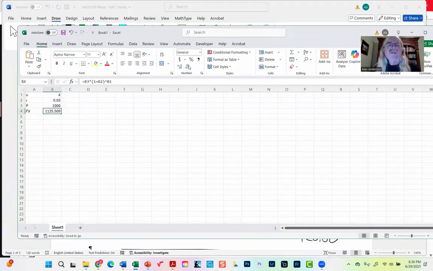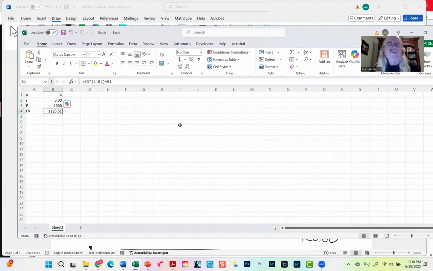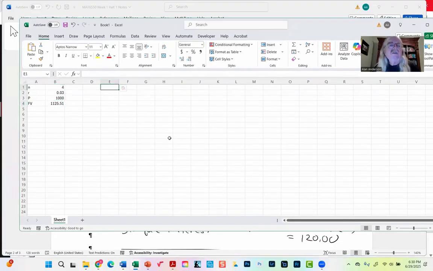And rounded to dollars and cents, as we saw, it's 1,125.51. So what I'd like to do now is create an entire table of these results where only the interest rate is changing. Actually, I'll put R out here. R and P.